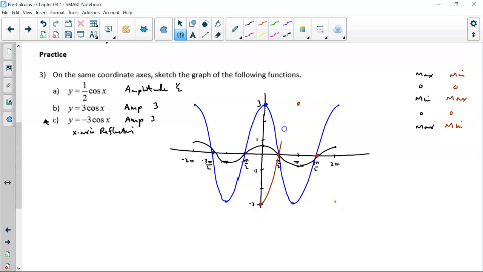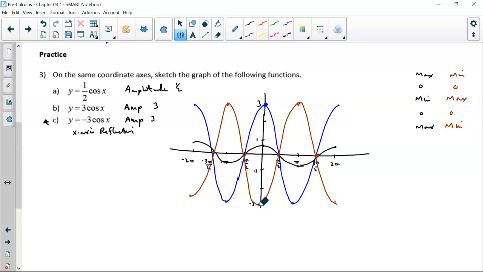There's one period of that. And if we go backwards, we're back to 0, then the max, 0, and then minimum. And you can see how that's a reflection of the blue graph. If you flip all those points, you would have the blue graph. There's that reflection.